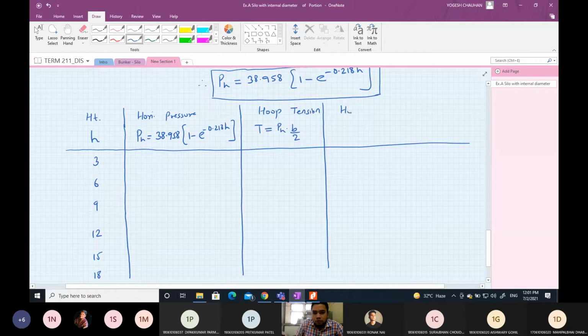Then you can also find the hook steel, that will be ASH equal to TU divided by 0.87 Fy. So TU is actually 1.5 times T, the hook tension, divided by 0.87 Fy.